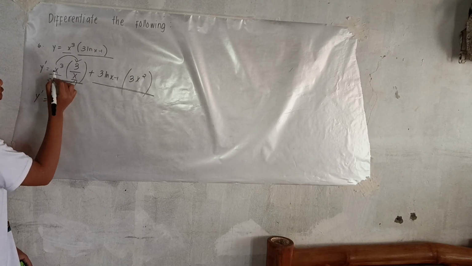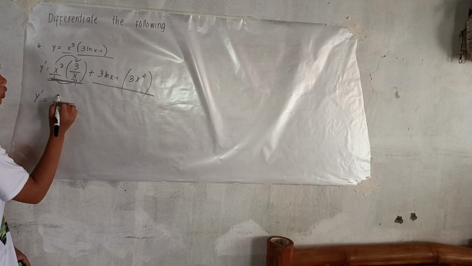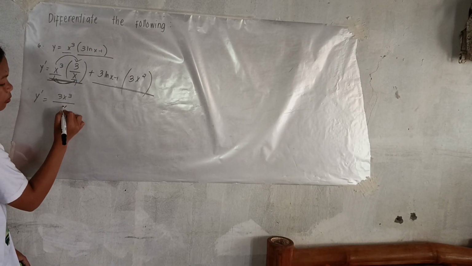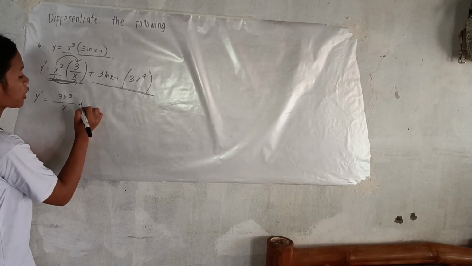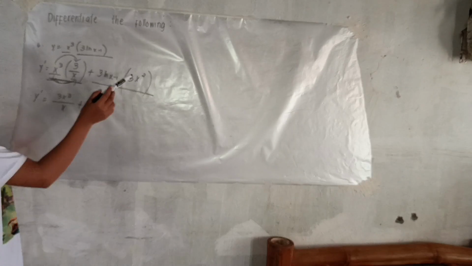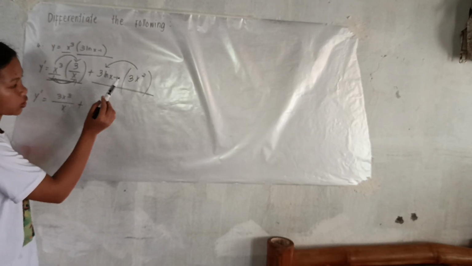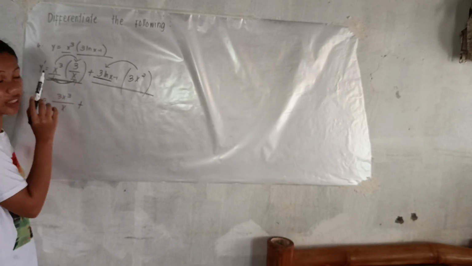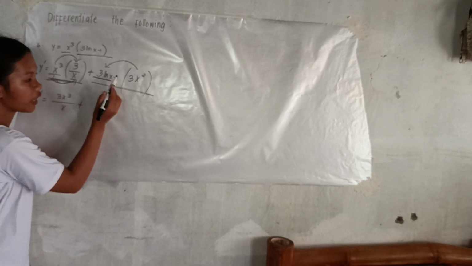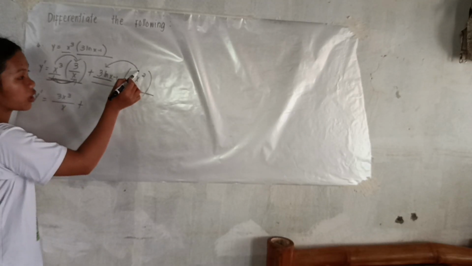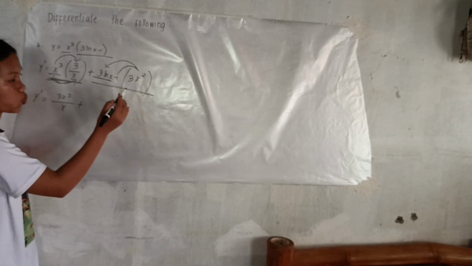So x cubed times 3 will become 3x cubed, and 1 times x will become x. Plus, we multiply 3x squared times 3 ln x, placing the ln x there. Then the negative 1 is separate, so we also multiply it by 3x squared.